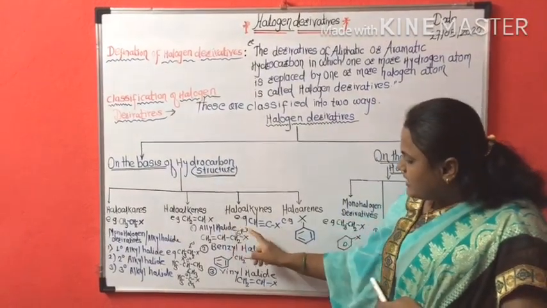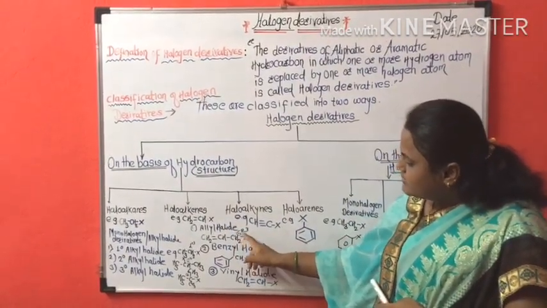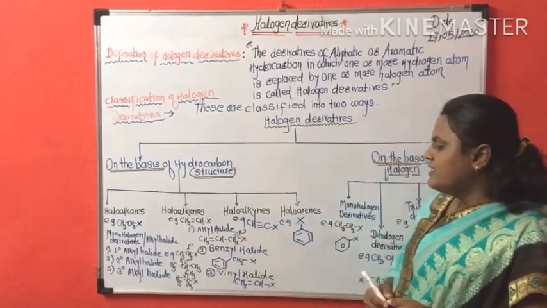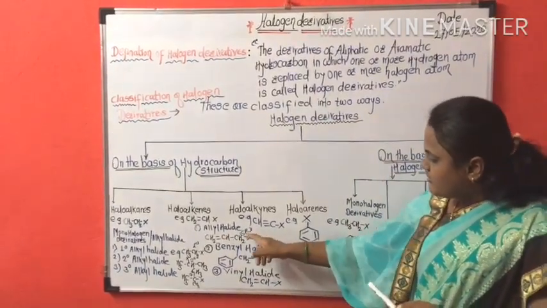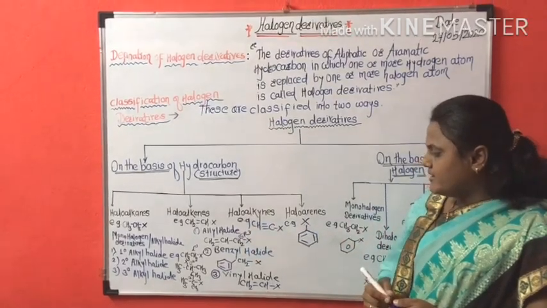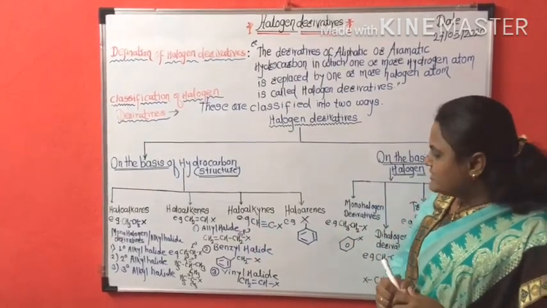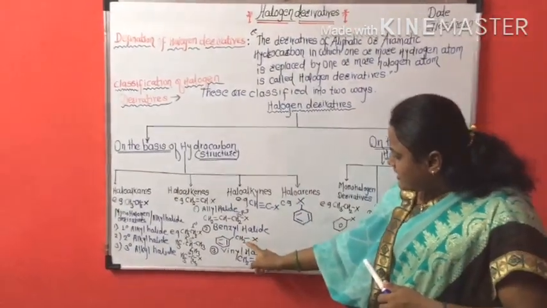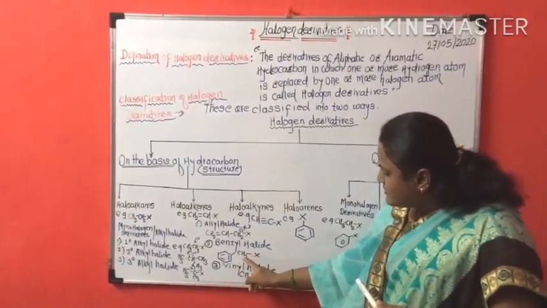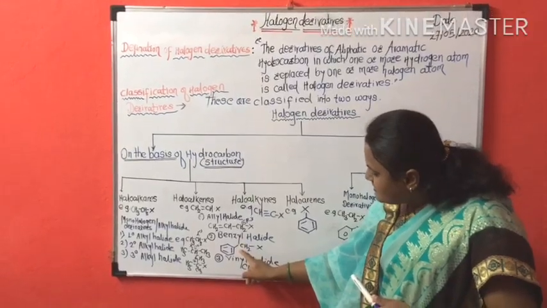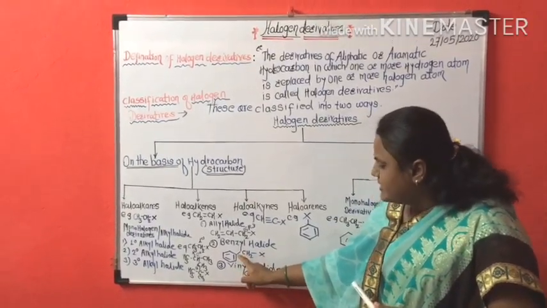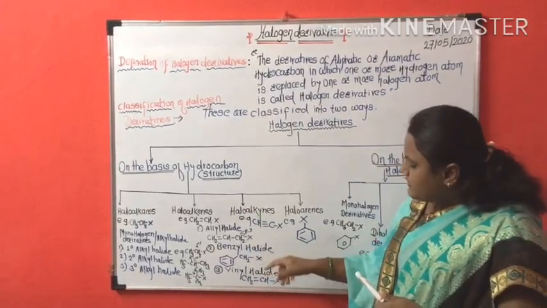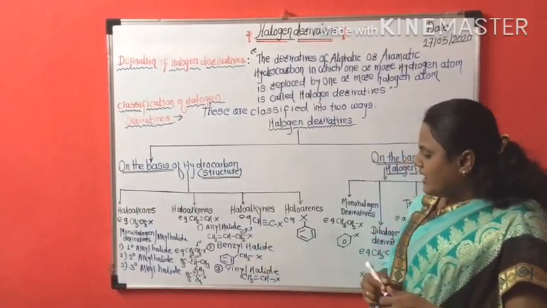In the case of sp3 hybridized carbon, we know that a carbon-carbon single bond is sp3 hybridized. In benzyl halide, the halogen atom is also attached to an sp3 hybridized carbon atom next to the aromatic ring. Halide means maybe chloride, bromide or iodide.